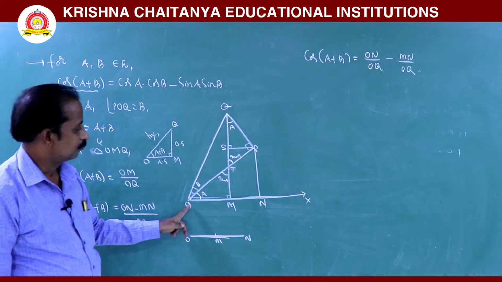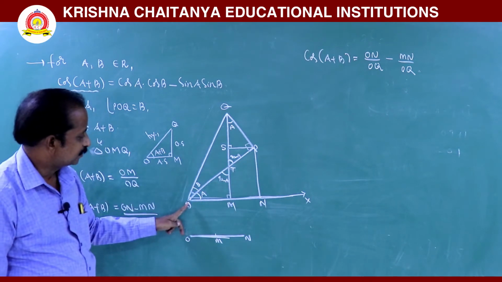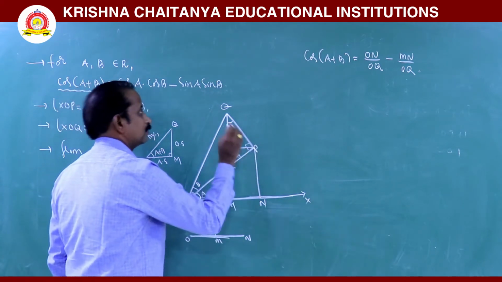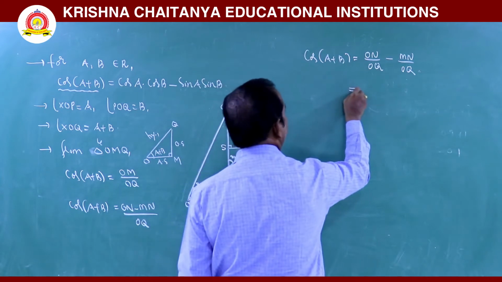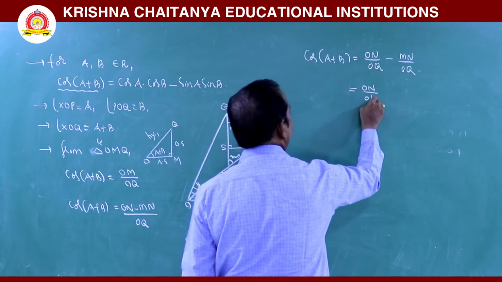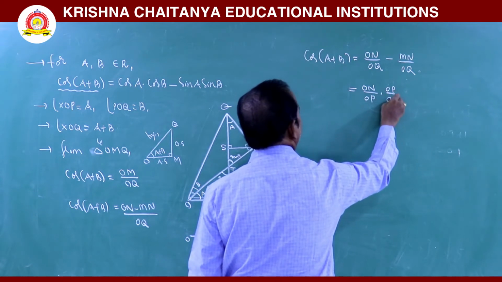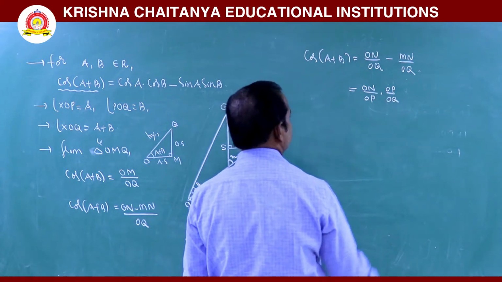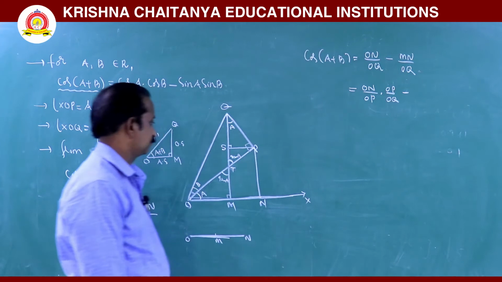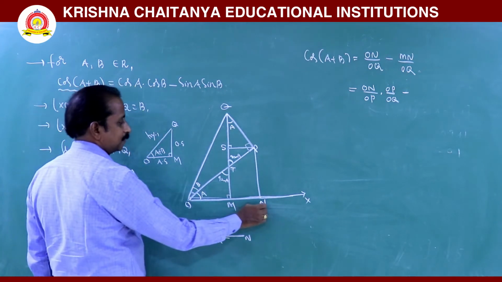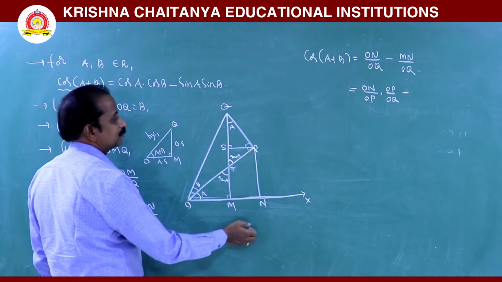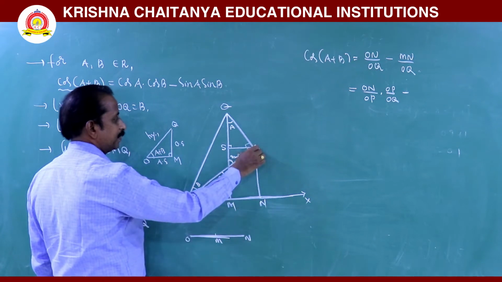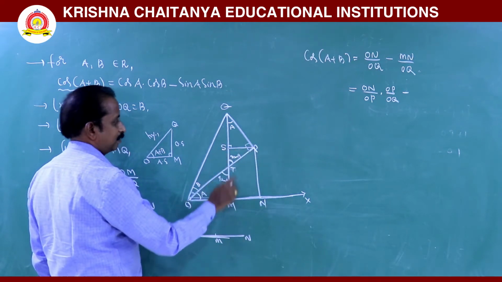And again observe ON. ON is the adjacent side of triangle ONP. So we are arranging ON divided by OP into OP divided by OQ, with OP the hypotenuse, minus MN. Related to MN there is no triangle here, but SMNP is either a rectangle or a square.